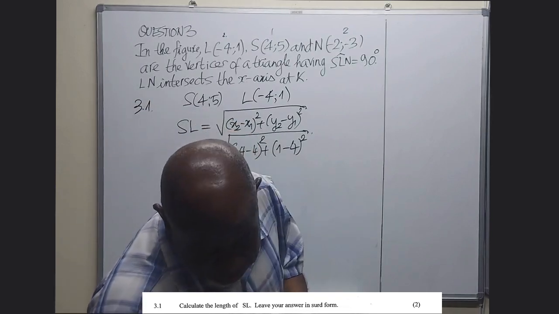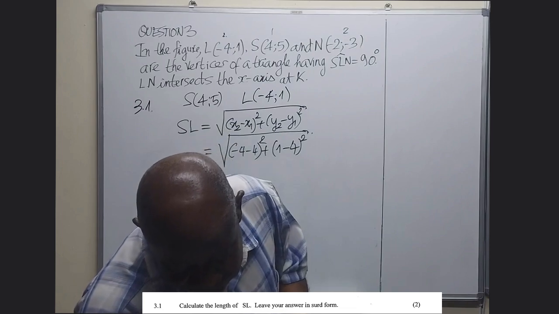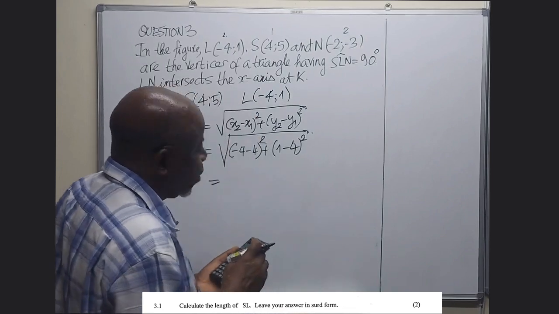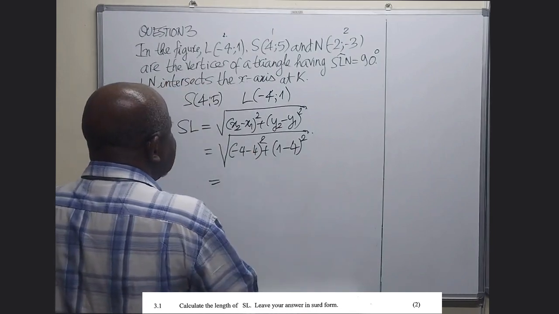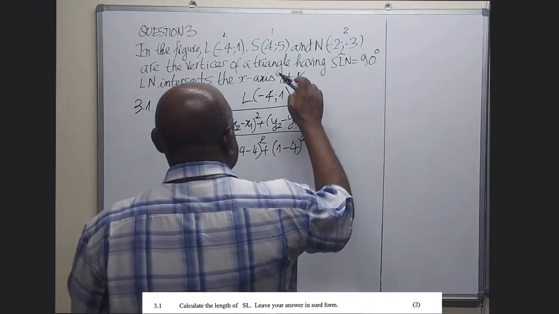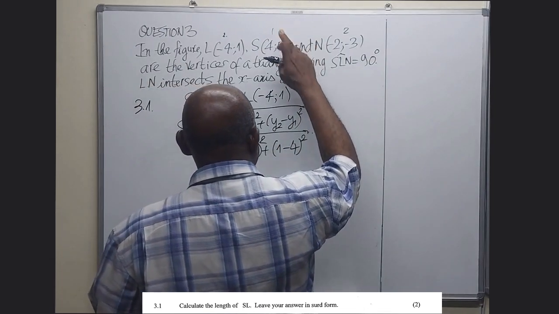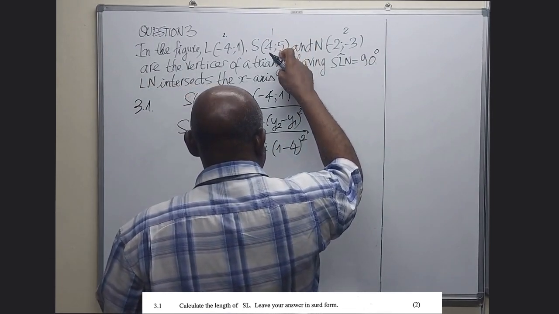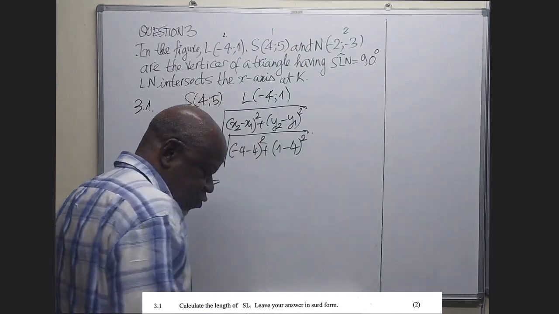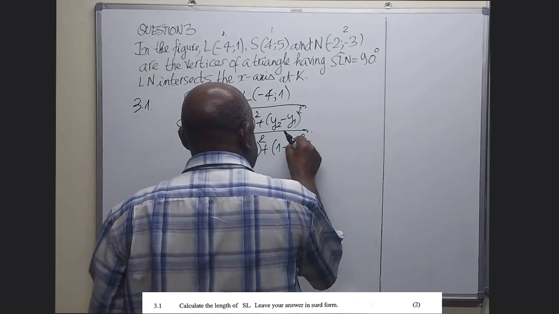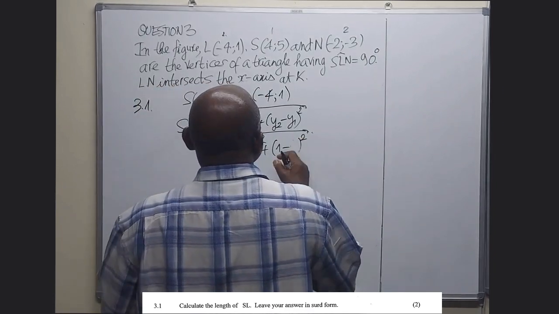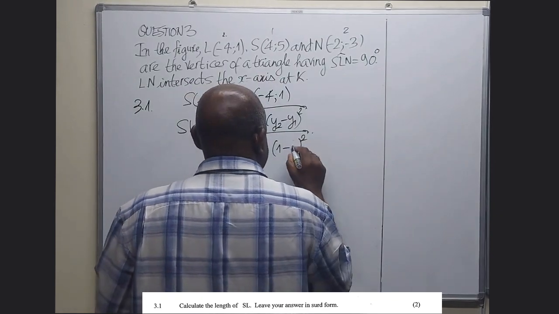Let's check the coordinate. The coordinate of S, y1, is 5, not 4. So there's a small mistake here. It's 1 minus 5, and x is negative 4 minus 4.